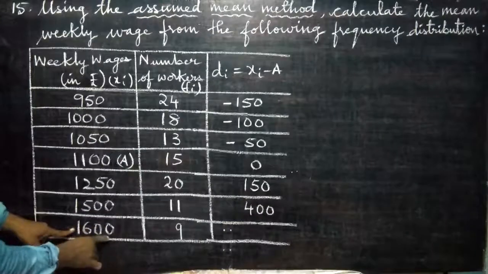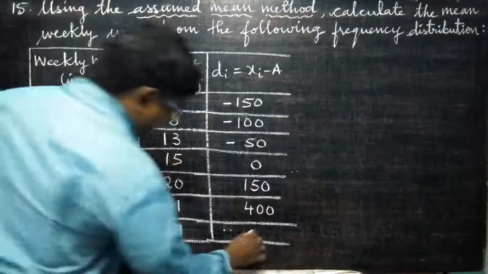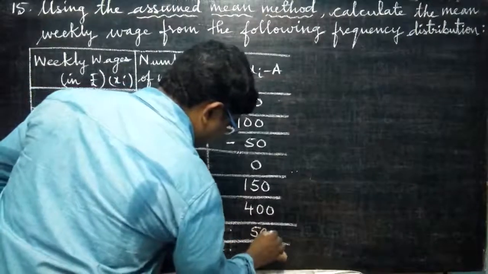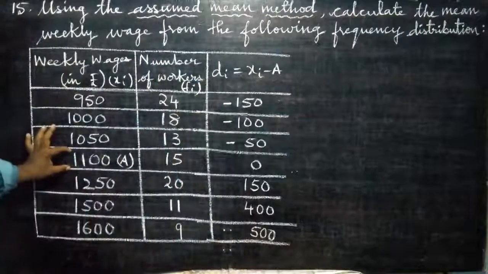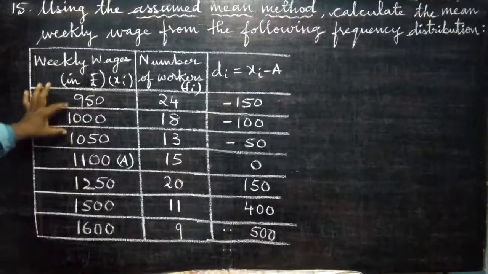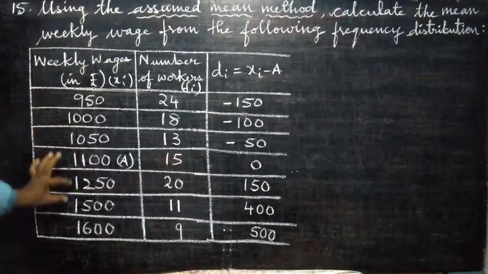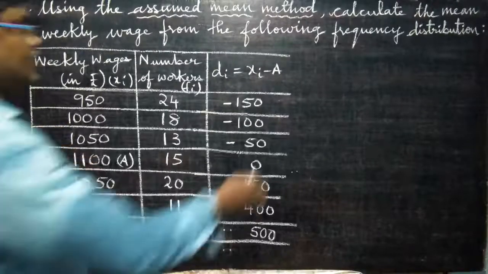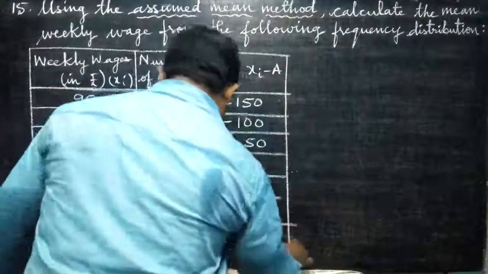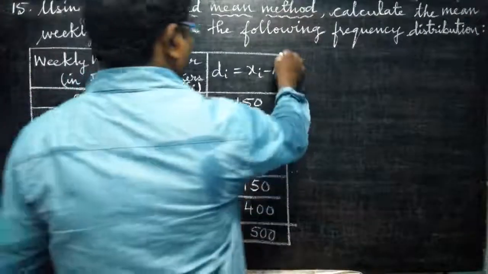Next 1600 minus 1100 is 500, plus 500. So if it is the easy method, those that are less come out negative, and those that are more come out positive, that's all.